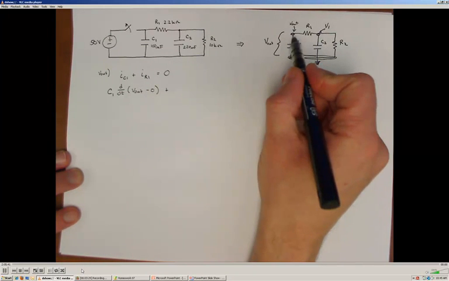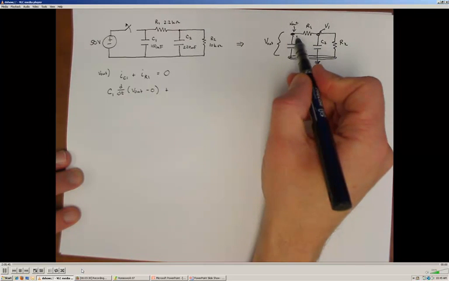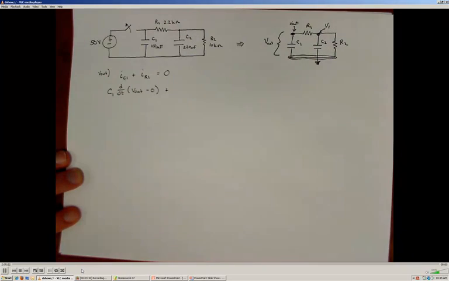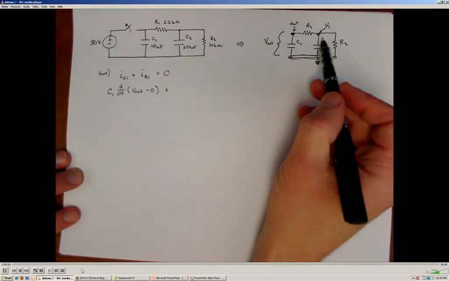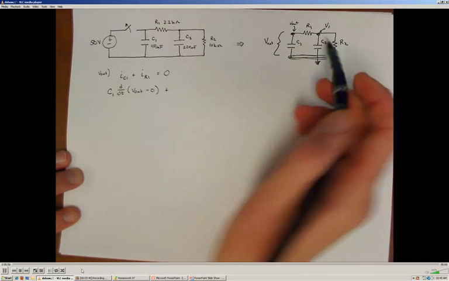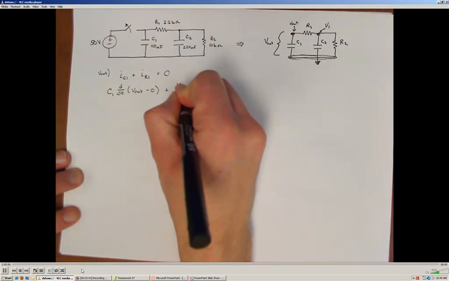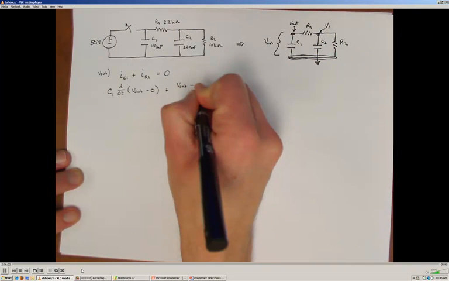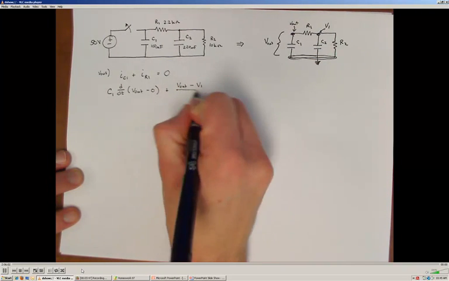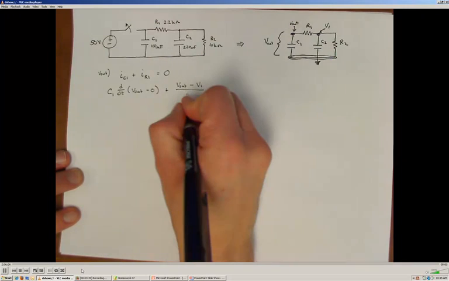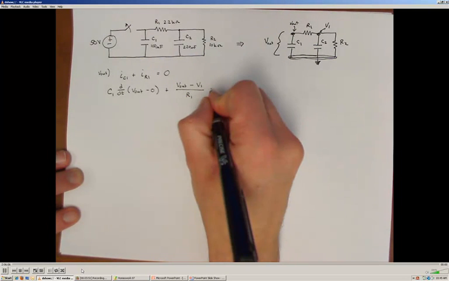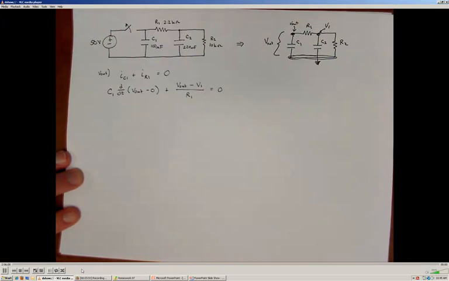So here, we're going to assume, like we've always done with the node voltage method, that the node that we're analyzing is at a higher potential than the node to which it's connected. So the current is going to leave the node, so that means that V out must be larger than V1, and the difference is going to be divided by the value of R1. And all of that must sum to 0.